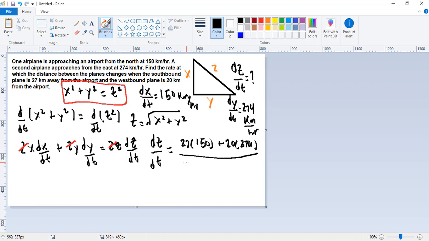Okay, and all of this is going to be divided by the square root of 27 squared plus 20 squared.